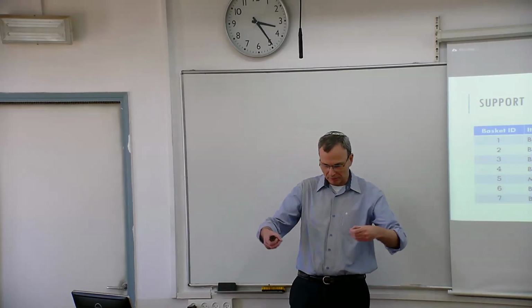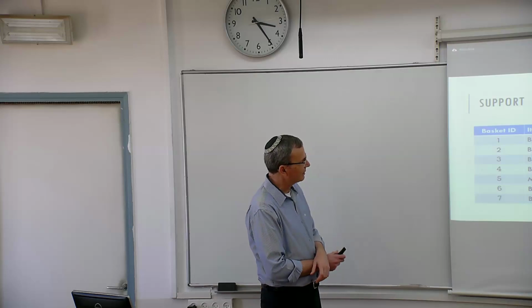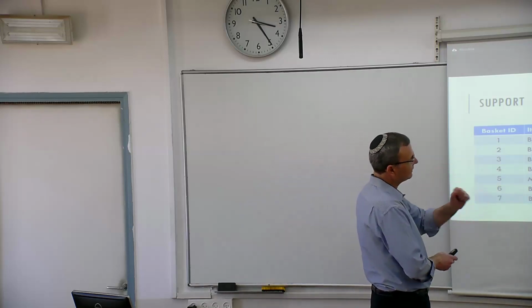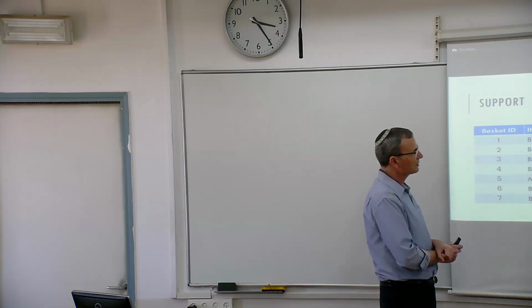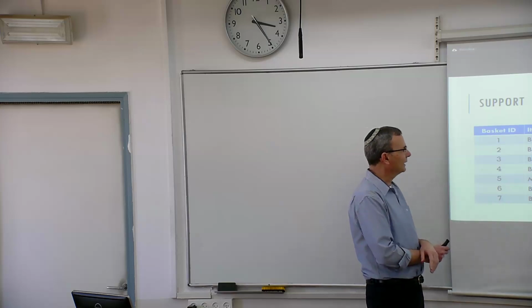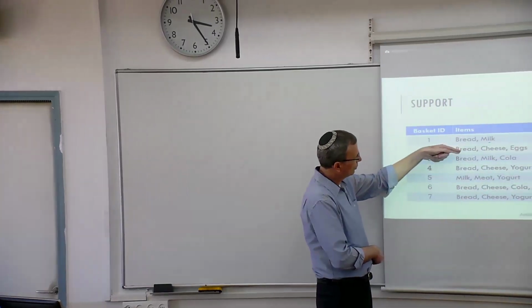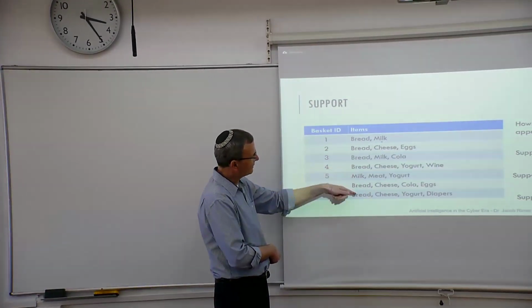The support of a rule, meaning how we try to support if the rule is correct, is how frequently items appear in the data set together. Or in this case, only one item. We'll see in the next slide together. So the support of bread is 6 out of 7. Why? Because in 6 of the baskets we have bread. 1, 2, 3, 4, 5, 6.